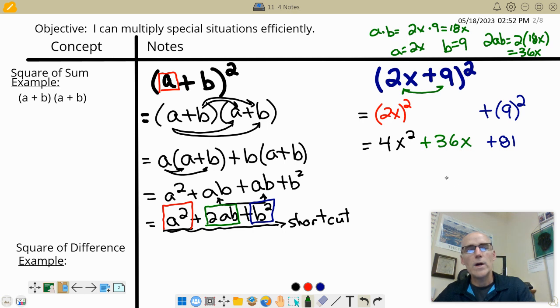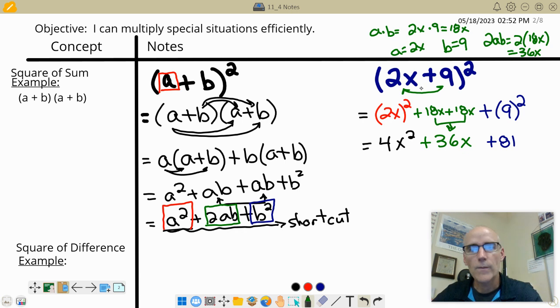So this is a shortcut to squaring a binomial. Okay, so right in here, let me just make this real clear. You would have 18x plus 18x, but we're trying to skip that step and just say, look, you got 2 times the first and second terms multiplied together.